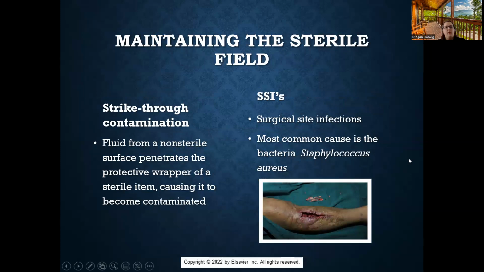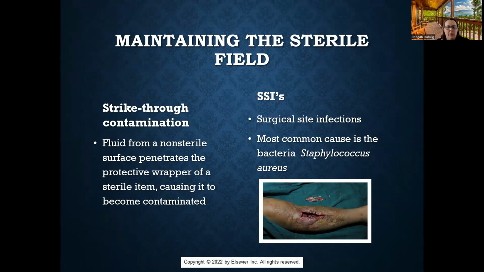So again, with maintaining the sterile field, one of the ways we do that is by recognizing strike-through contamination. So what does that term mean? Strike-through is fluid that goes from a non-sterile surface through a protective wrapper of a sterile item, which now causes it to become contaminated. So let's say the patient is draped with a sterile drape.